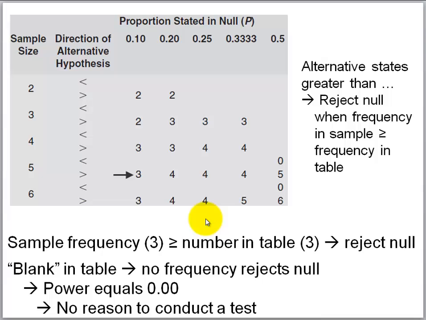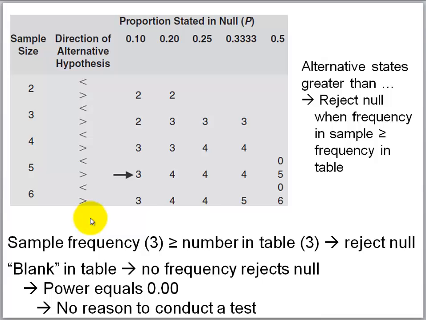Let's do another behavior problems example, and let's do an example in which the alternative is going to state greater than. So suppose that the population proportion is hypothesized to be 0.25. So in this situation, our null would state p is less than 0.25, and our alternative would state p is greater than or equal to 0.25.